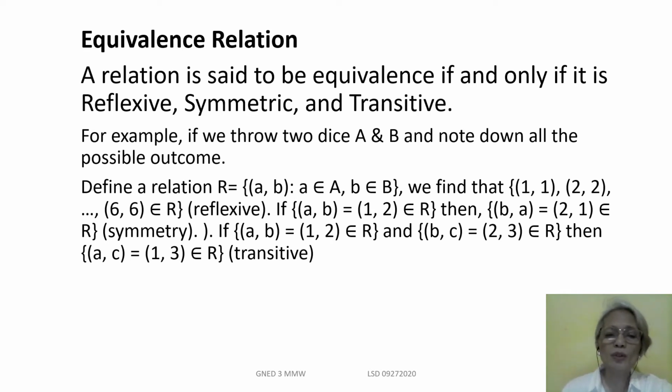And we also have the transitive property because if we have the elements (1,2) and (2,3), then we have the element (1,3), all of which are elements of the set, meaning all possible outcomes we had earlier. So we say that this defines an equivalence relation.